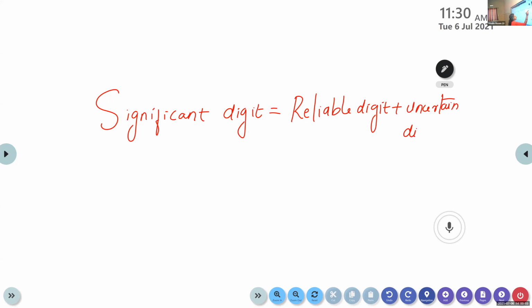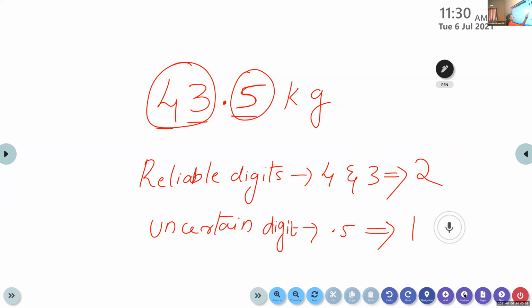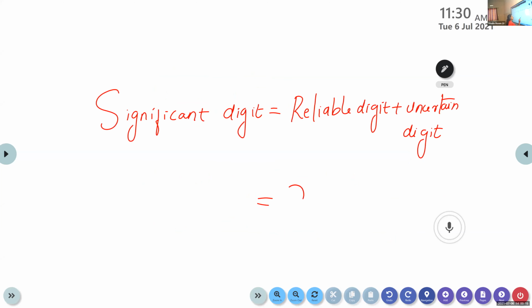This is the equation for calculating the significant digit. And how many reliable digits are here? 2. And how many uncertain digits are present in this measurement? 1. So 2 plus 1 is equal to 3.